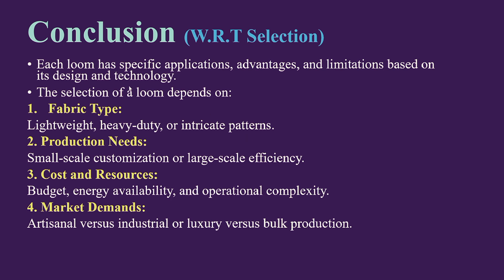Third variable is cost and resources. Cost, when we talk about the cost and the resources, budget is the main critical element in any organization or in any project. Energy availability, that is related to operational cost of that machine, and operational complexity, that is related to skilled labor and techniques to handle, maintain.